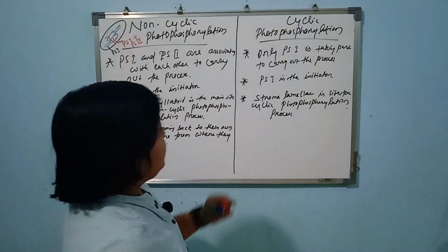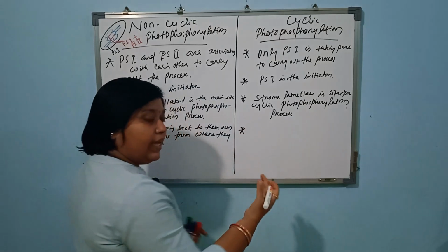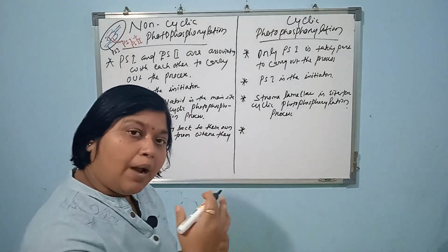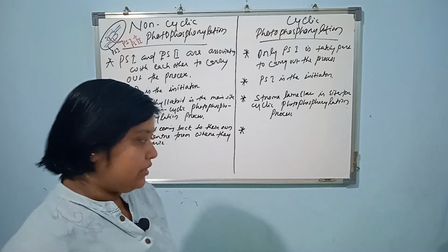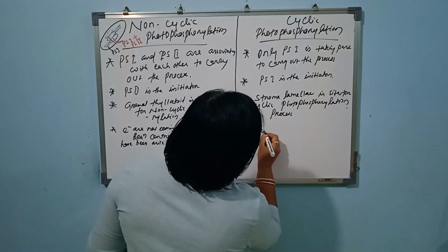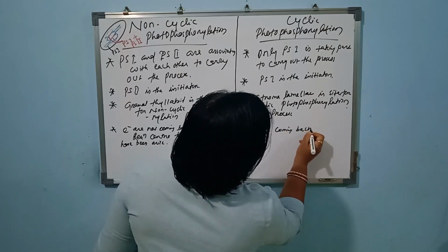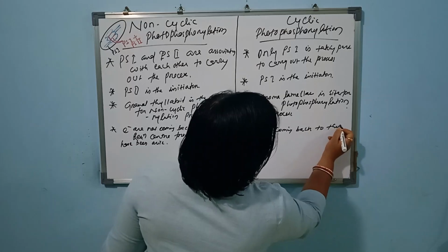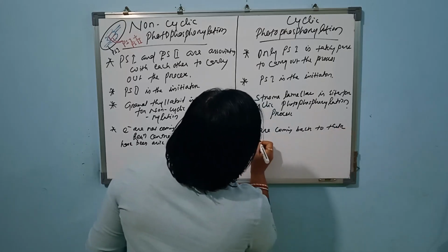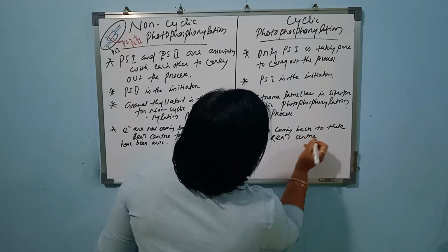But in the cyclic case, electrons are coming back to their own reaction center after completion of their process. Here electrons are coming back to their own reaction center.